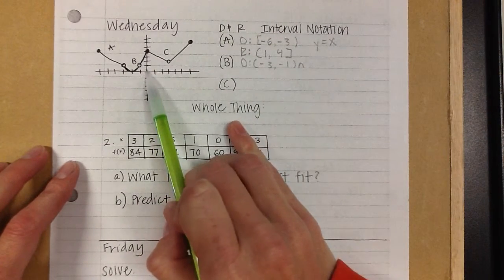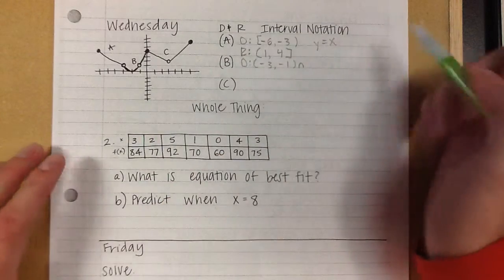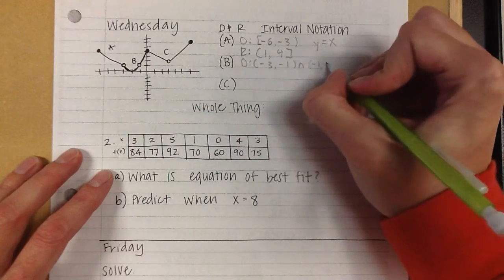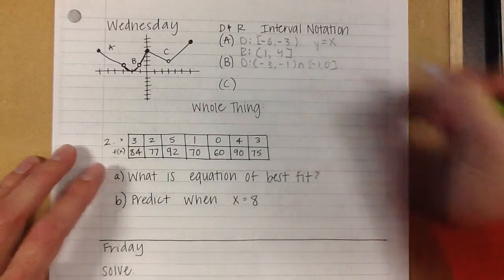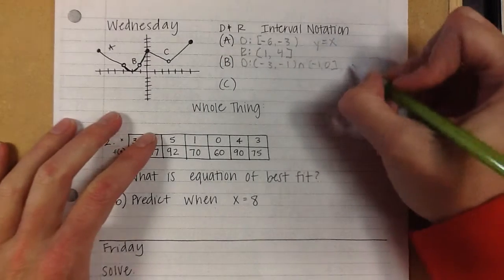Here to here. -1, 0. What's the parent function of that part? What's it look like? y equals x squared, or a quadratic.